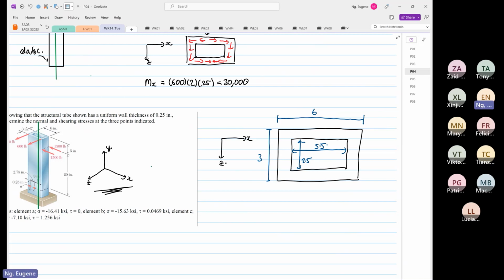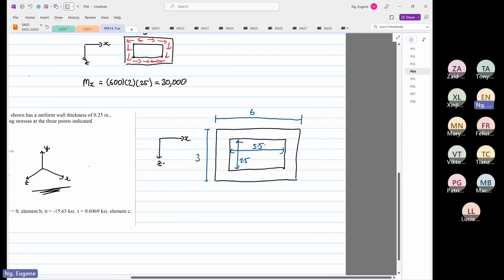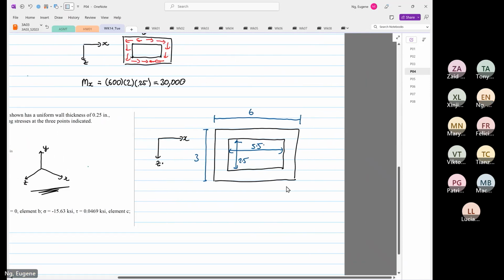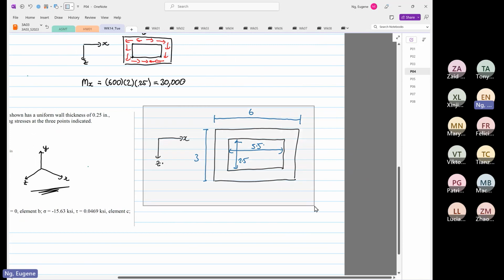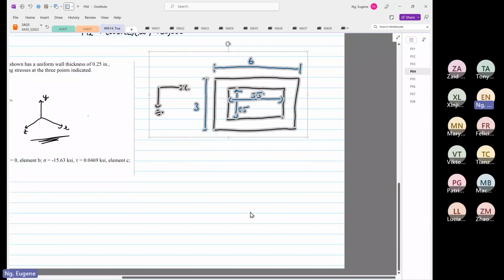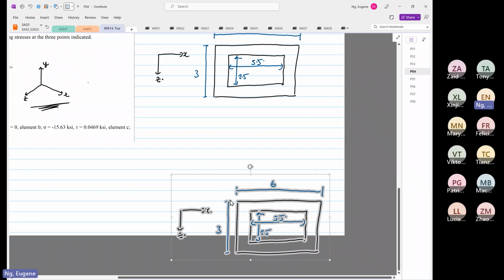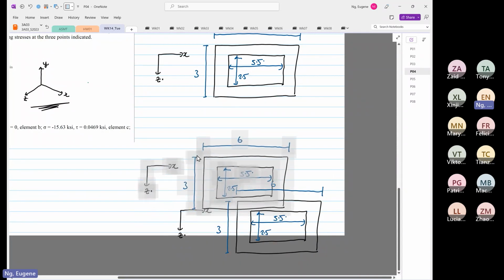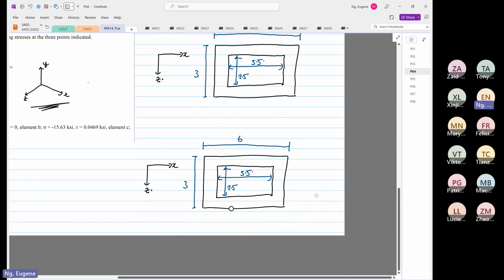So now we want to do Ixx. If we are going to do Ixx, I'm going to copy this twice. Later on, you can see how easy it is to make a mistake, and also how easy it is not to make a mistake.